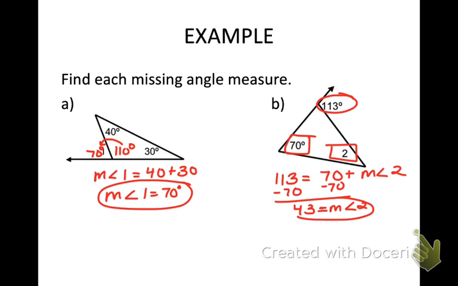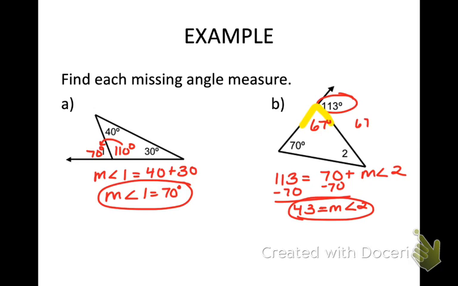Could I have gotten there the long way? Sure. What's the supplement of 113 to find this interior angle right here? Well, 180 minus 113 is 67, so this angle would be 67 up here.